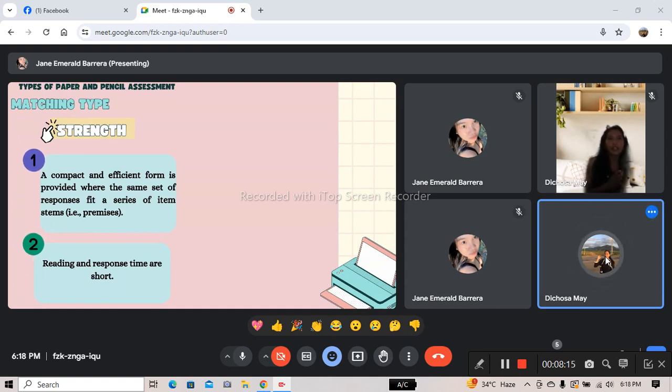The students can also easily understand and read it, because it is only one page, with the premises or questions and the answers provided in columns.